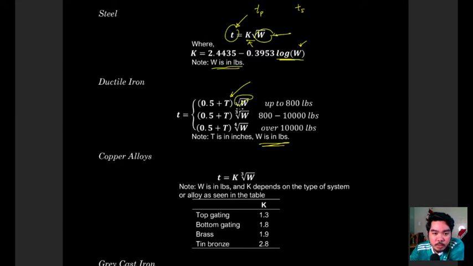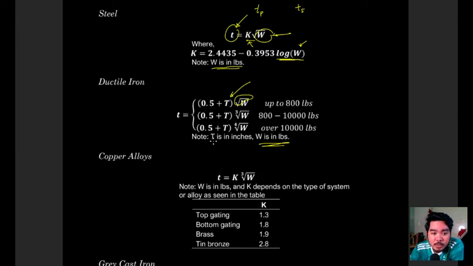It could be a square root, a cube root, or a fourth root. If it's up to 800 pounds, we use the square root. For 800 to 10,000 pounds, you use the cube root. If it's beyond 10,000 pounds, we use the fourth root of the weight of the casting in pounds.